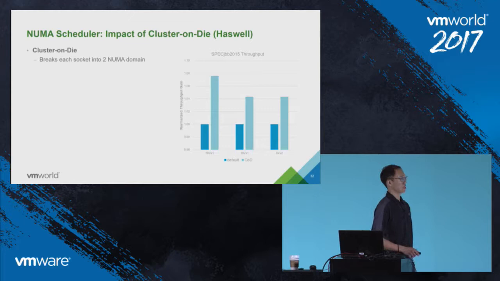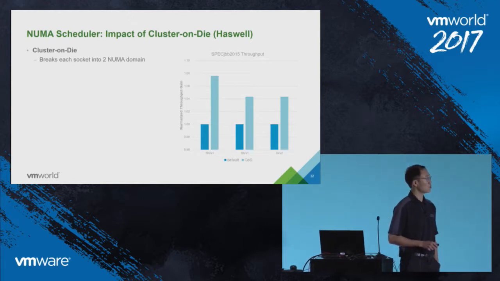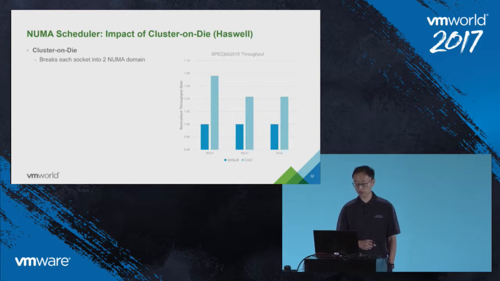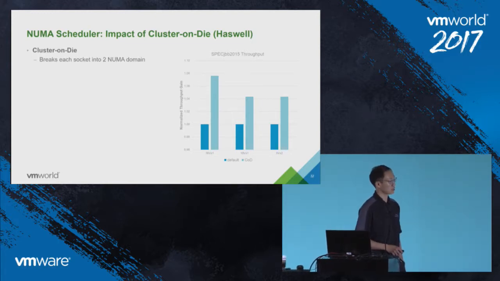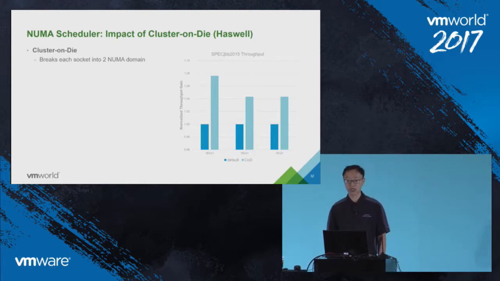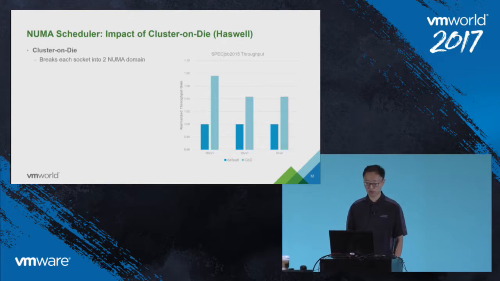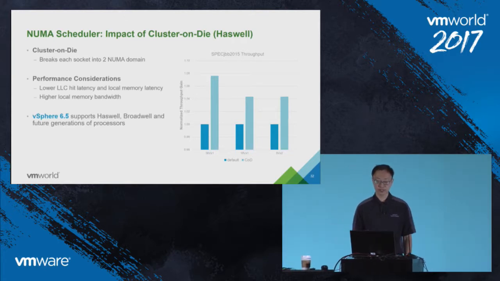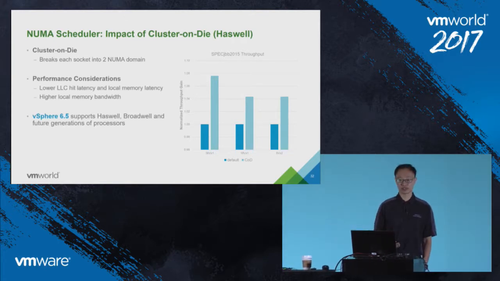So on ESX scheduler, we ran the SPECjbb 2015 benchmark on a baseline system and a cluster-on-die system. What we see here is, depending on the VM size, cluster-on-die actually improved the throughput anywhere from 4% to 8%.